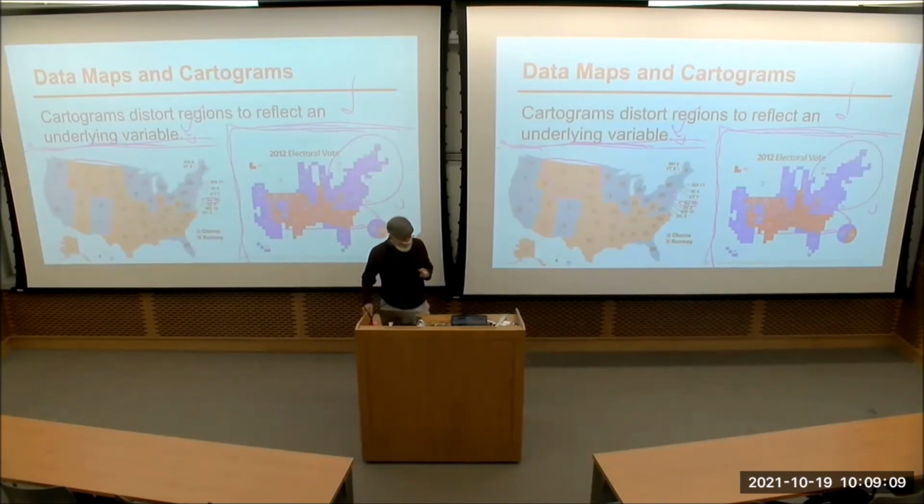But any reasonable graphics library will have a library for building cartograms. And it does look like a hard thing to do to preserve area and location as best you can. But there are techniques for doing that, and that's common in a lot of graphics libraries. Any questions? Yeah.